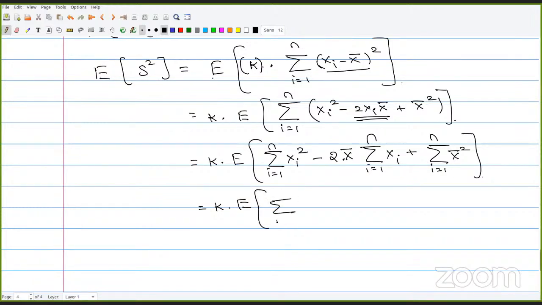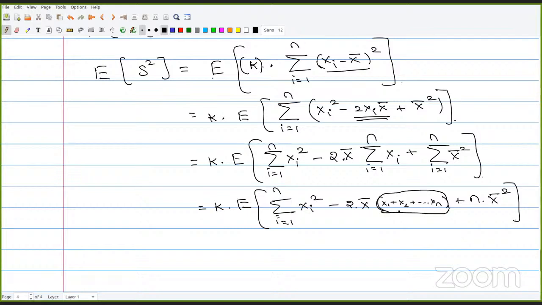Okay. Now this is summation i equals 1 to n of xi square minus 2 times x bar times (x1 plus x2 and so on plus xn), plus n times x bar square. Which will be minus minus n x bar square. This particular sum is nothing but n x bar. Correct? n times x bar.